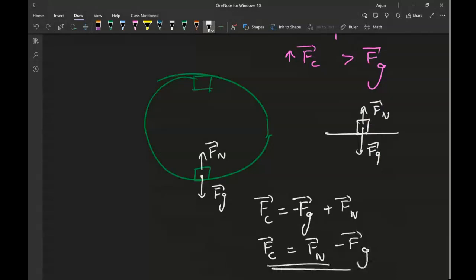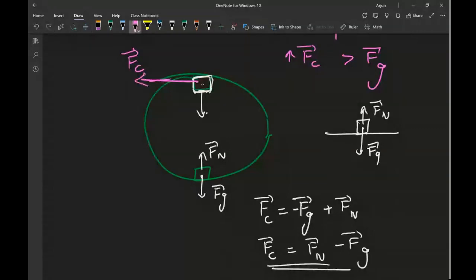And then the second case is that we also wanted to identify how this roller coaster stays on its path, why it doesn't fall off when it reaches the top. So again, I'm going to apply the same concept which I applied in the case of the car, whether the car will skid or not. So this Fc, mark my words, Fc always acts towards the center. This is just for the understanding.